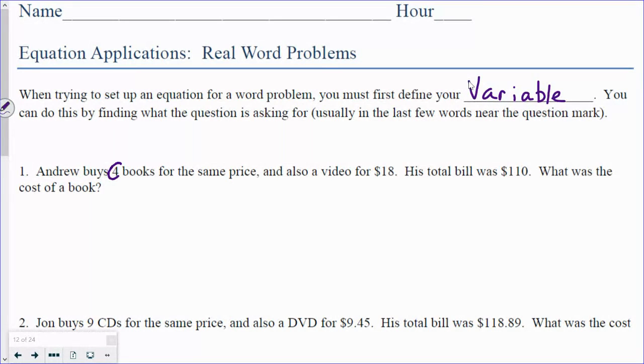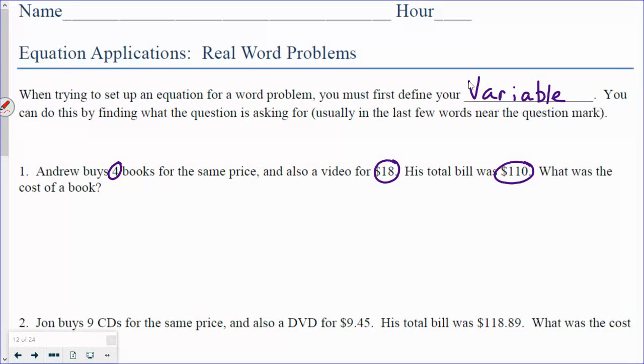Andrew buys 4 books for the same price and also a video for $18. His bill was $110. What was the cost of a book? Now we want to underline important information.